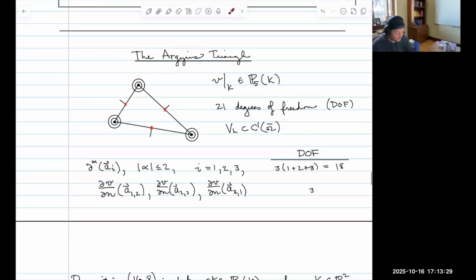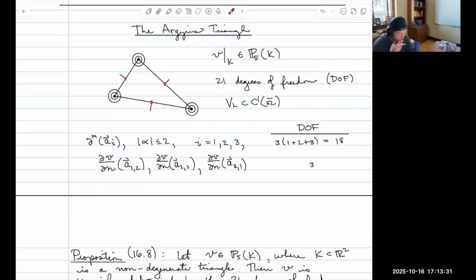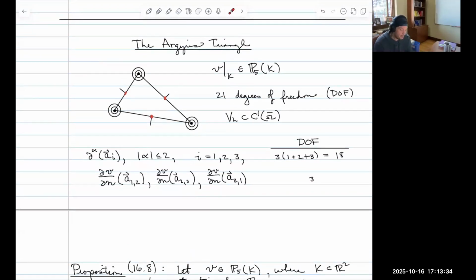So let's examine the number of degrees of freedom. What we're going to look at here are the derivatives at all of the vertices or the vertex nodes, so that means i from 1 to 3. We're going to use the 0th order derivative, which is just the function value, the first partial derivatives, that would be alpha where the order of alpha is equal to 1, as degrees of freedom, and we're also going to use the second derivatives. So how many second partials are there at each vertex?